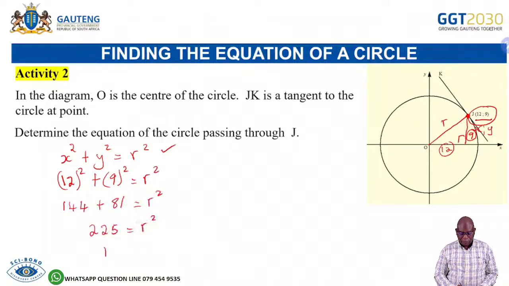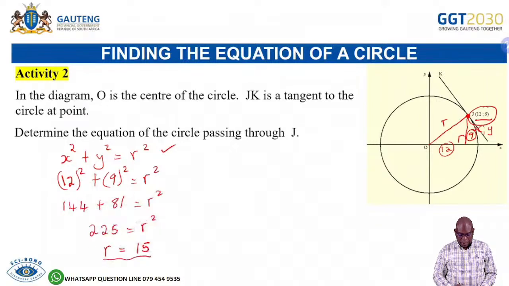So my r value will be plus minus the square root of 225, but always remember r should be positive. The square root of 225 will be 15 according to my calculator. Then I'll have r.